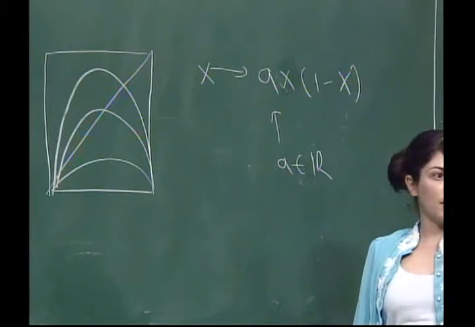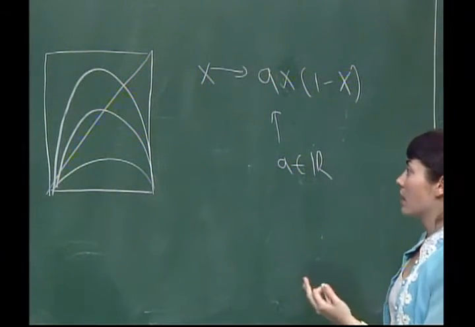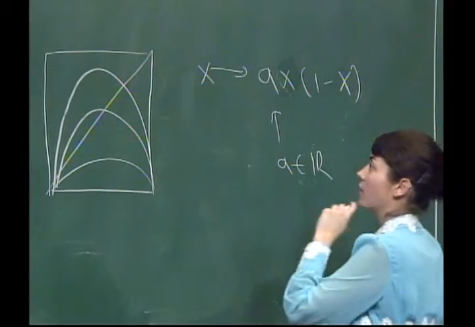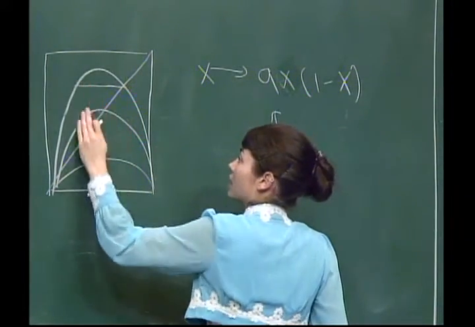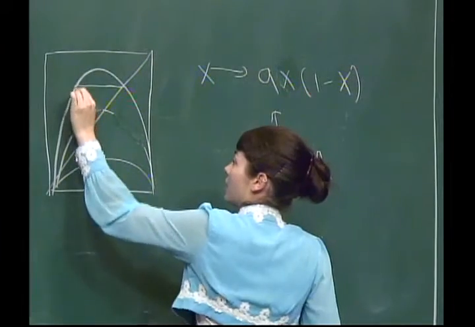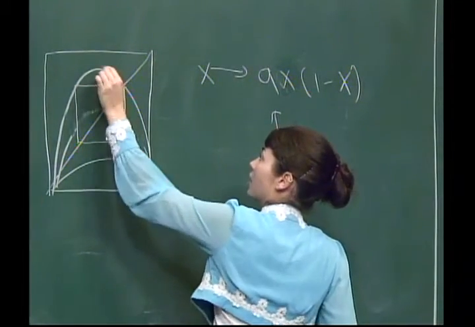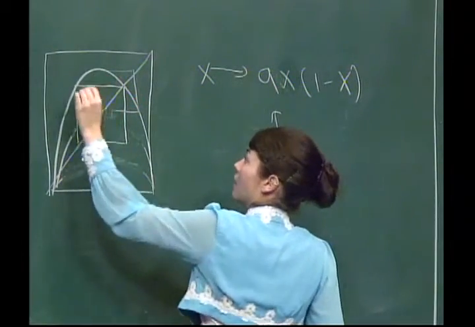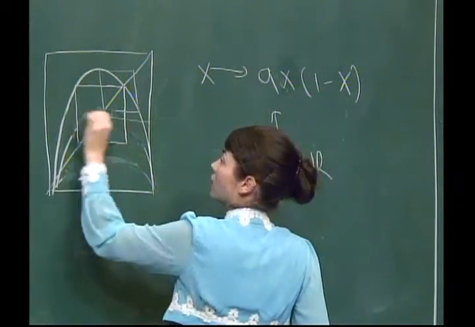So it's well known that they go through a period doubling cascade, and what happens is, for some parameters, there is a periodic interval. So the critical point comes back after 2 iterates. And hopefully this doesn't look that bad.